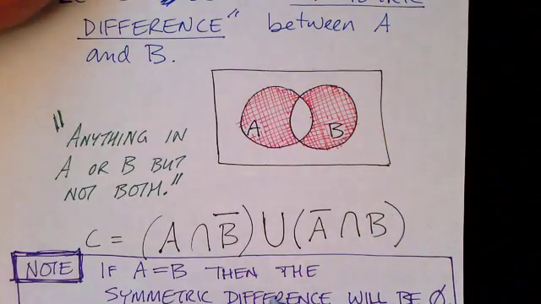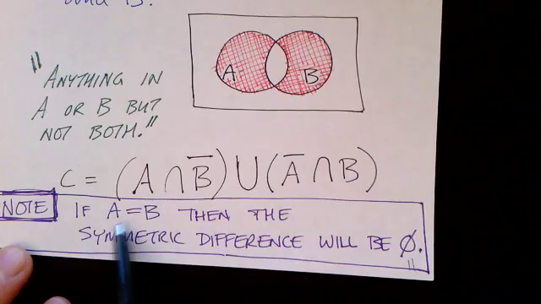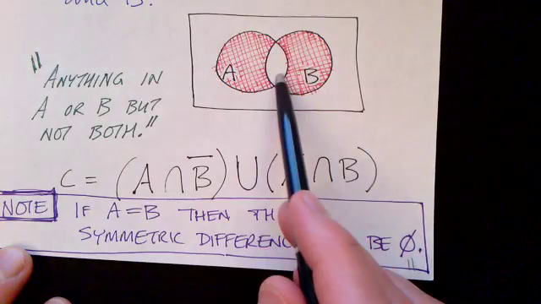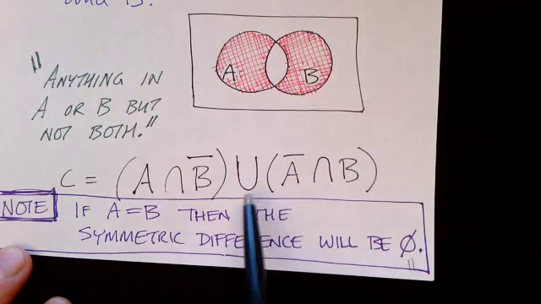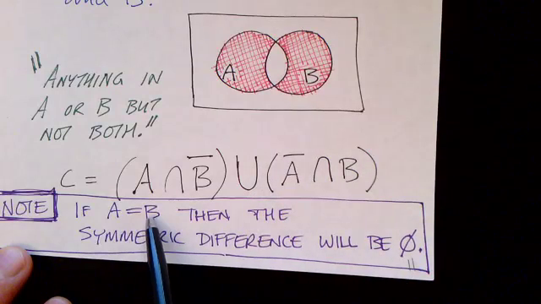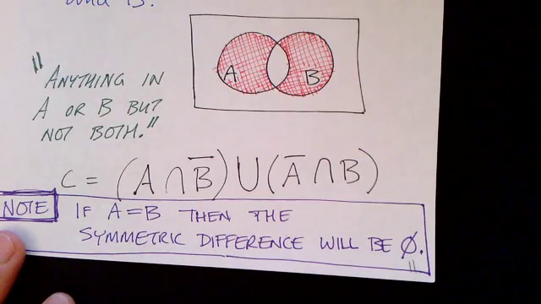So what can we say about two languages, A and B, if they're the same? Well, if the two sets are the same, then it's effectively moving these circles until they completely overlap, and everything's white and there is no red. So if A and B are equal, then their symmetric difference will be the empty set. And so we can use that in order to determine whether two languages are equal.